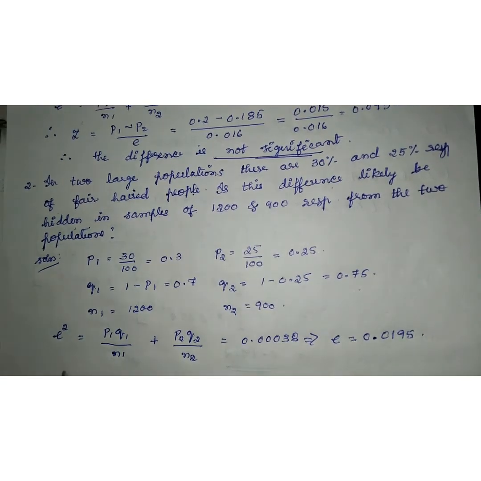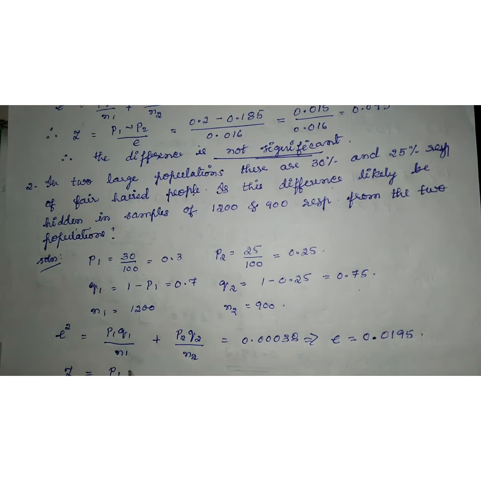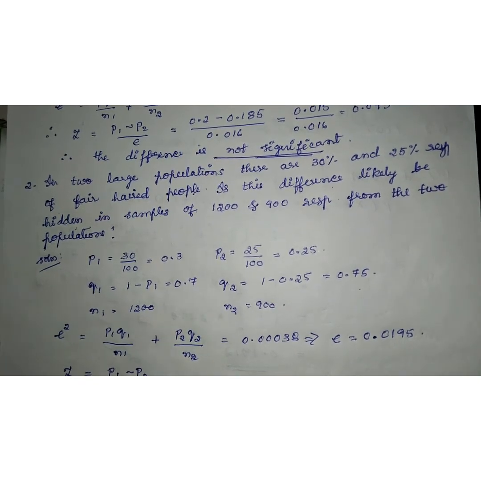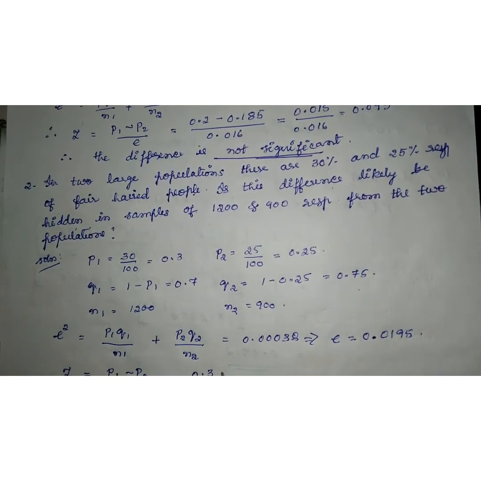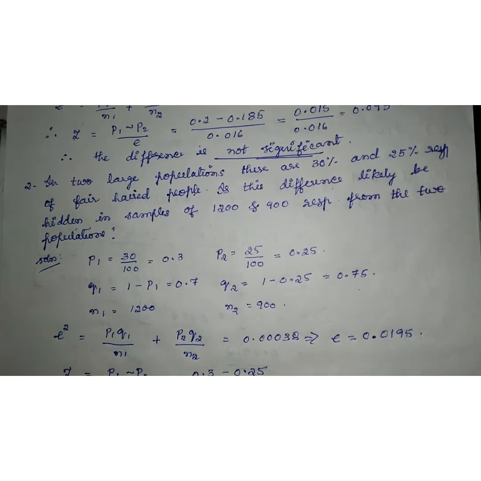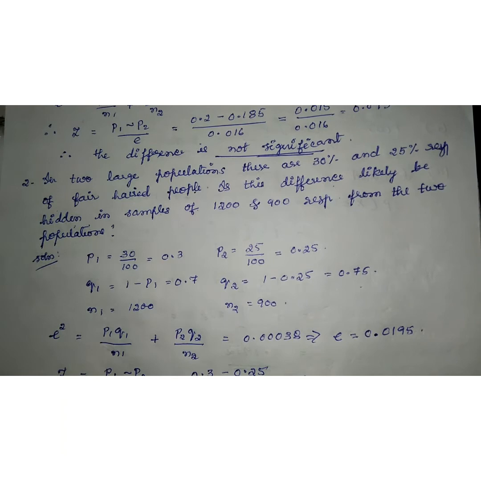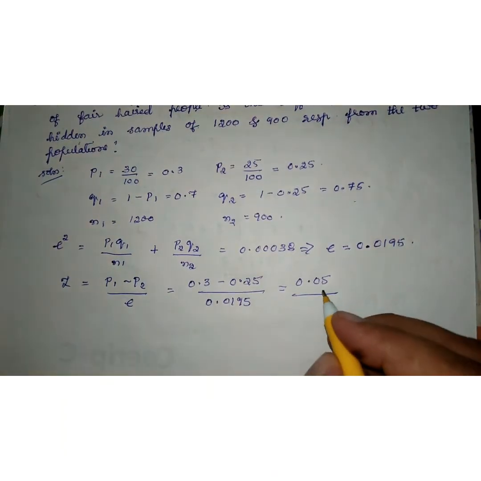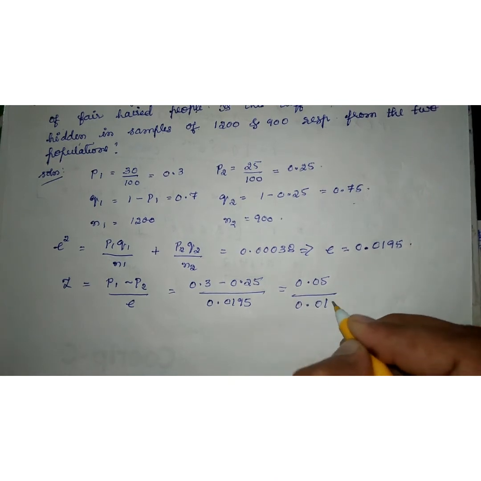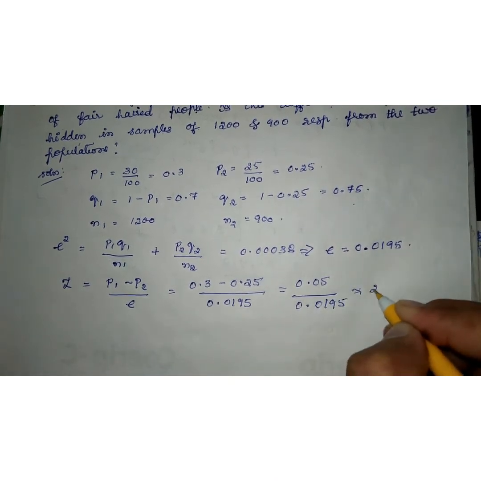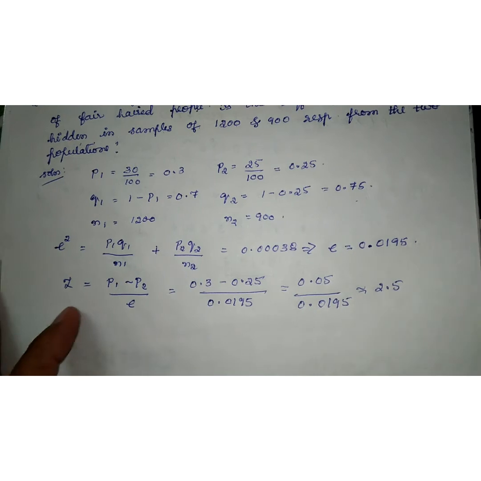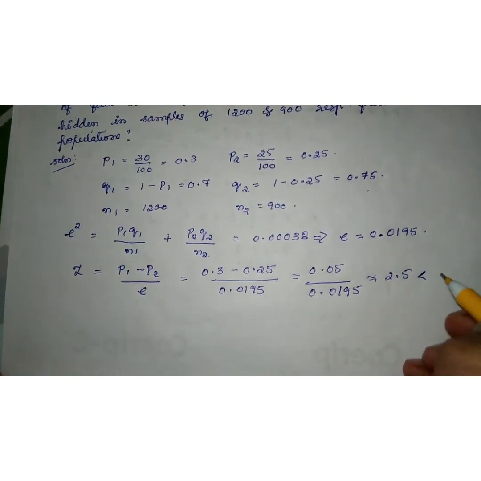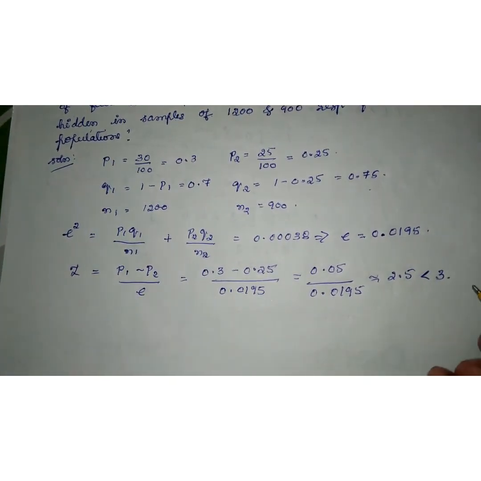So substituting this in Z, it is (p1 minus p2) by E. p1 is 0.3 minus 0.25 by 0.0195. So it is going to be 0.05 divided by 0.0195, which is approximately 2.5. You can say that this is less than 3 but greater than 2.